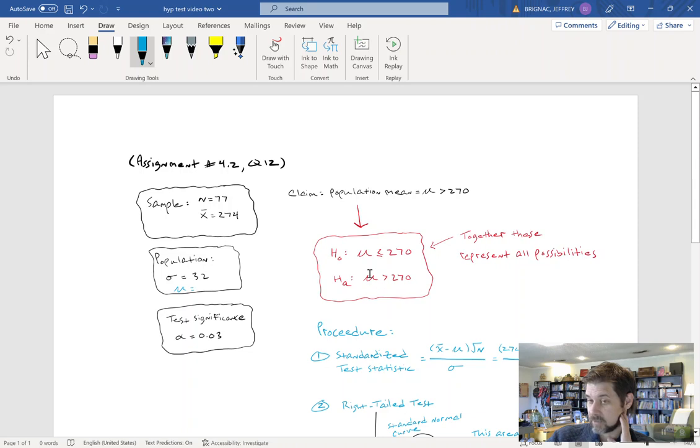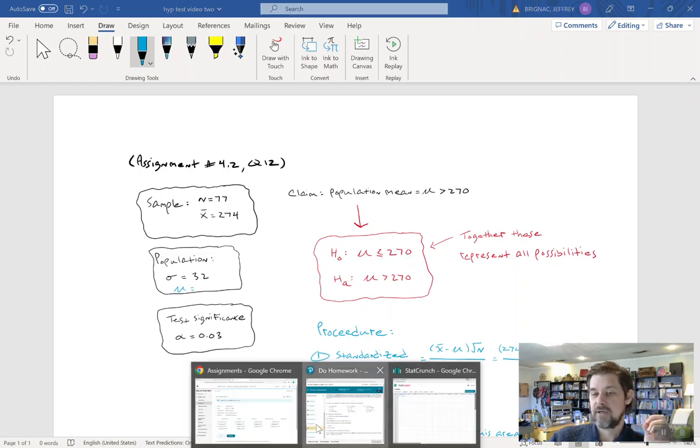If it's not more than 270, then it's 270 or less. So mu less than or equal to 270. The null hypothesis, H naught, always represents an equals in some way. It either has an equals in it, or it's got less than or equal to, or greater than or equal to. That's what makes this one the null hypothesis.